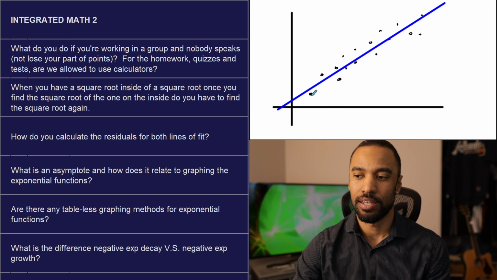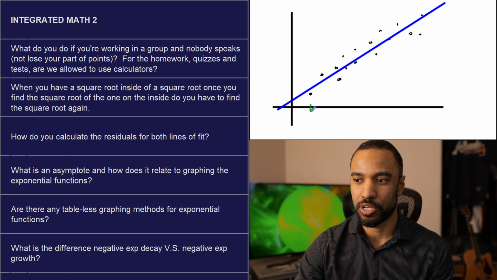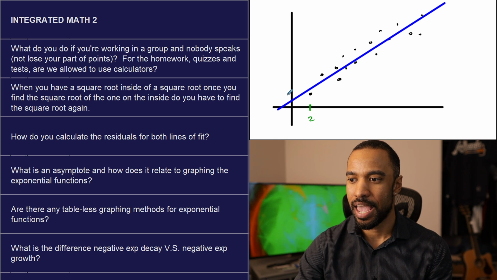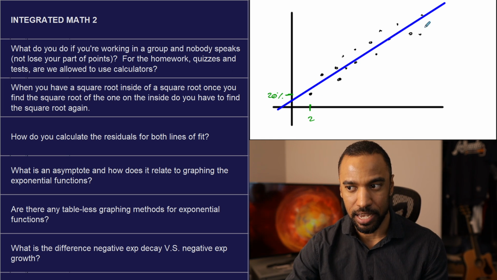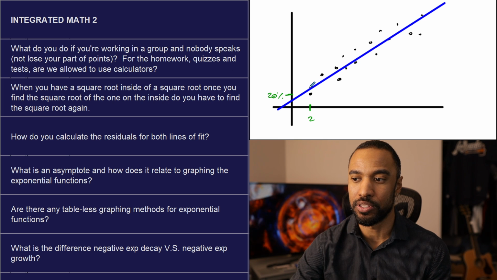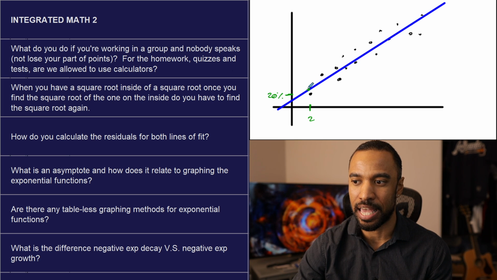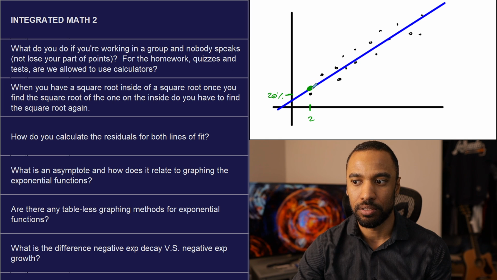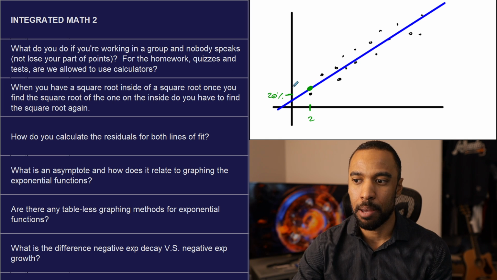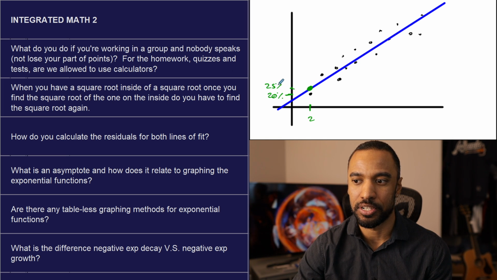So let's say here that this was a person who slept for 2 hours and got 20% on their test. Yet in my line of best fit, what we predict, because we just drew a line of best fit through the points, our predictive measure says that if you get 2 hours of sleep, we predict those people will, more often than not, get about, let's say, 25% on their test.